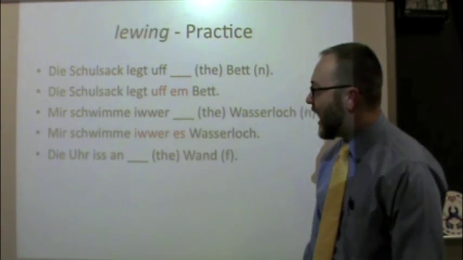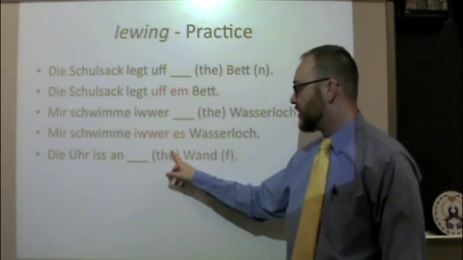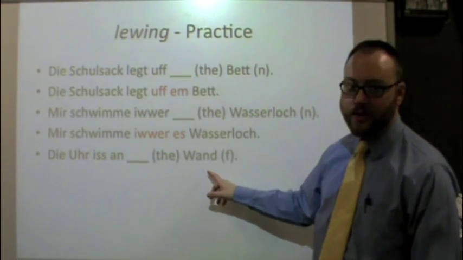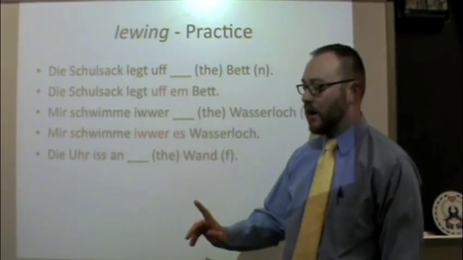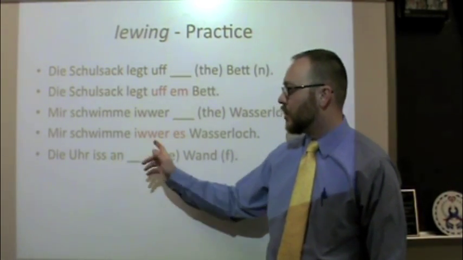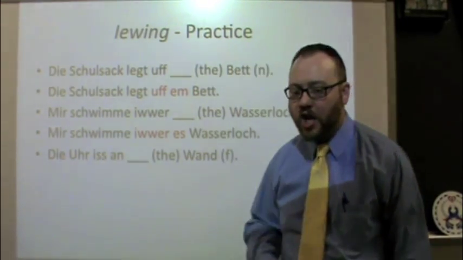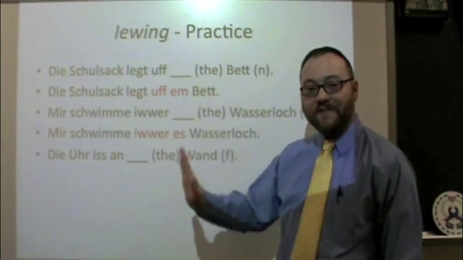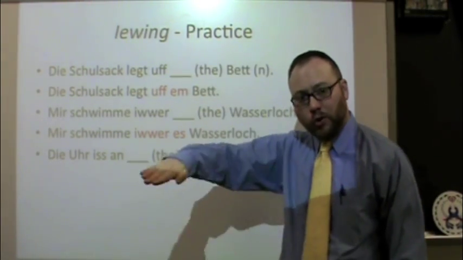Here's another one. Die Uhr ist an. This time we're using an. And the word we're looking for is the. Wand is our noun. Wand is the word for wall. Now here we're using an instead of auf because we're saying the clock is on the wall. The wall is a vertical surface, so we have to use an as opposed to auf.